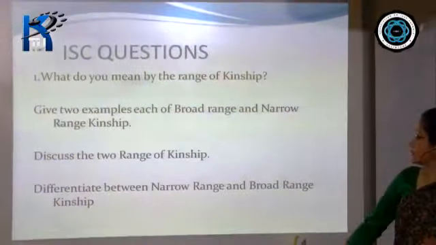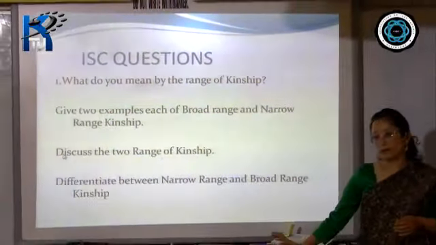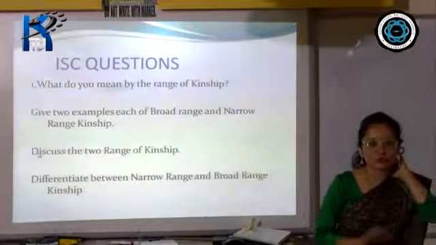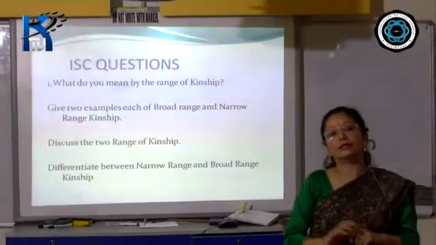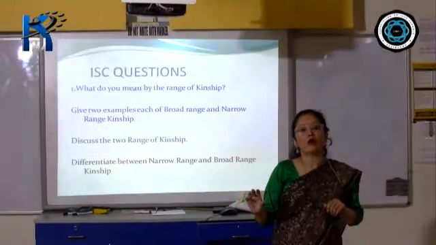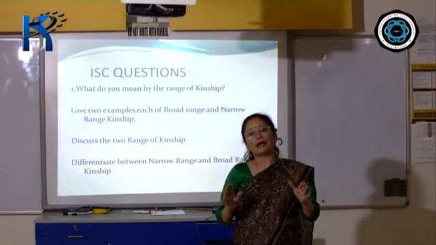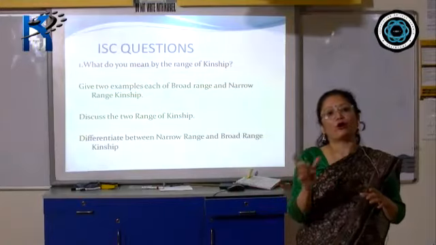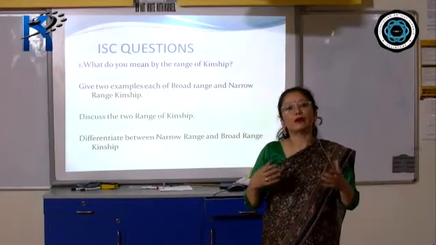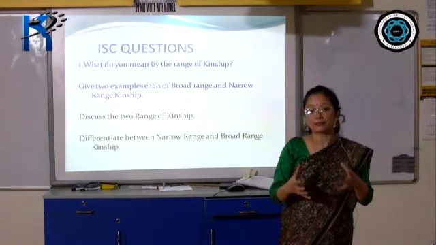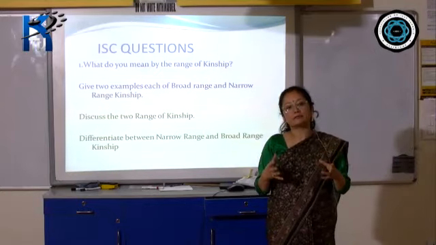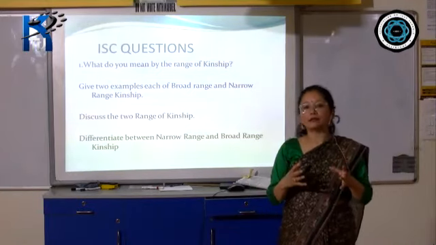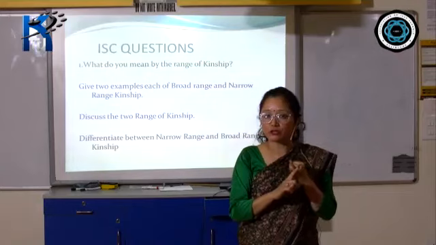The next one is discuss. Now, this will come in the long answer section for 5 marks. Discuss the range of kinship. So they have not specified either of the kin group. You have to write both. Since you have to give it in paragraphs, begin your answer by defining range of kinship.